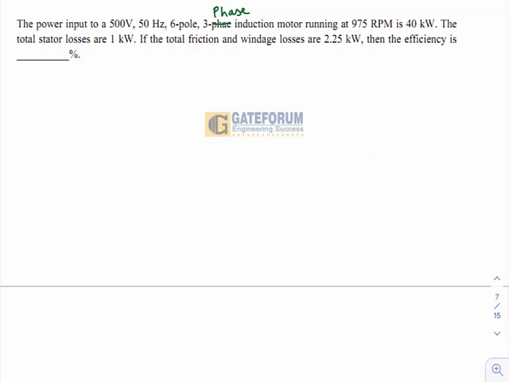So efficiency of the induction motor, you know that it is equal to output power by input power. The output power of the induction motor is mechanical power or shaft power by input power. The input power is already given to you, that is Pi, as 40 kilowatt. Okay.